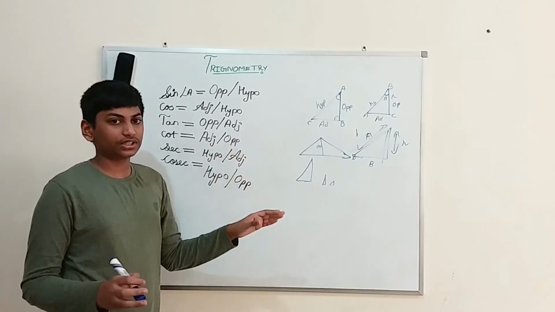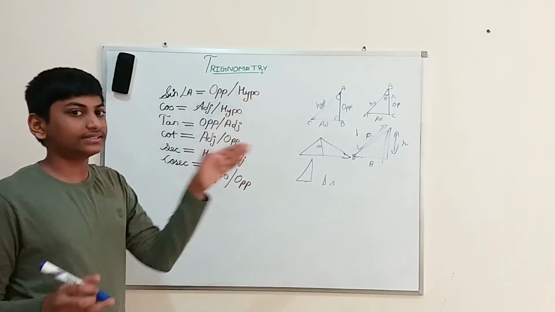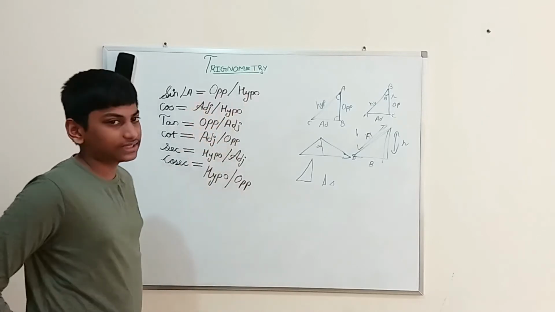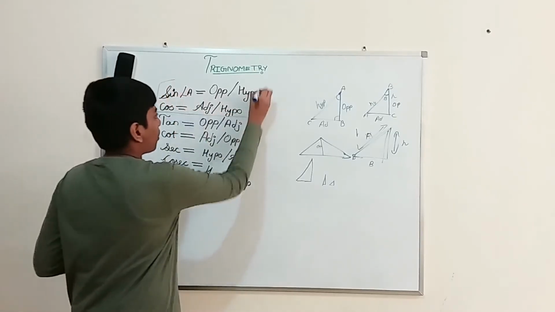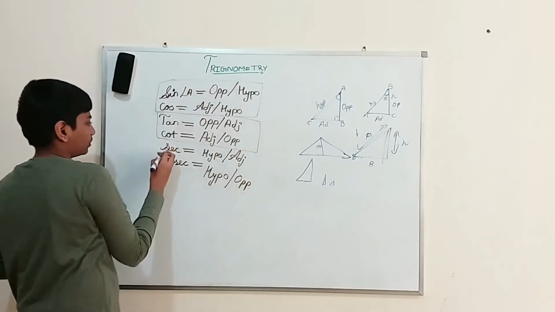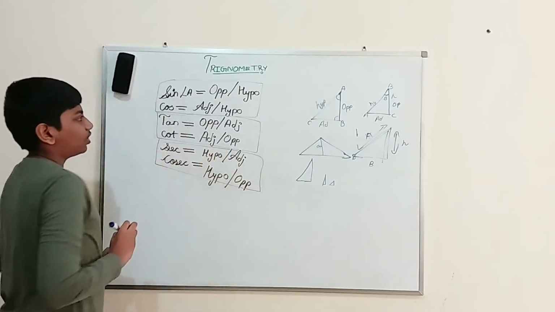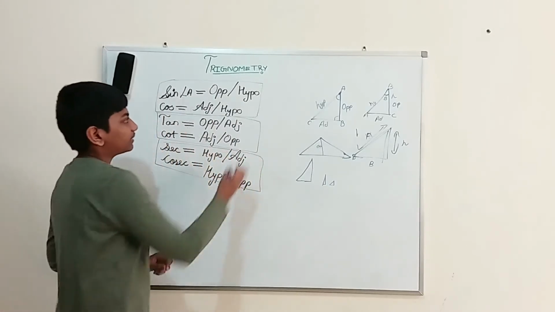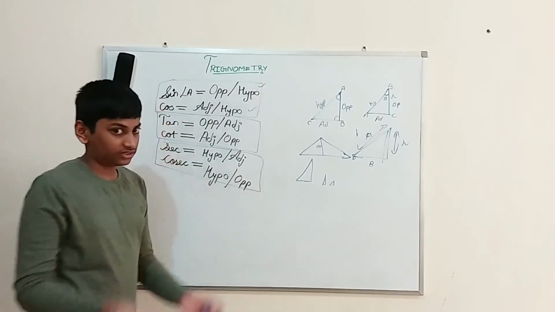So here if you notice thoroughly, there is some difference we can consider. Sine and cosine, let's draw a box for them, and tan and cot as a box, and secant and cosecant as a box. Here, in one there's opposite and hypotenuse, in the other opposite is not there.